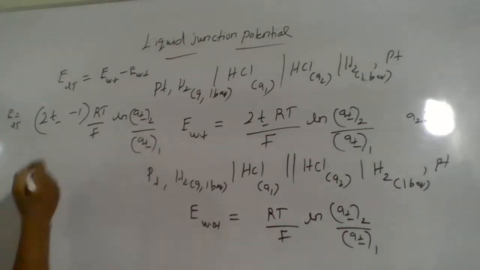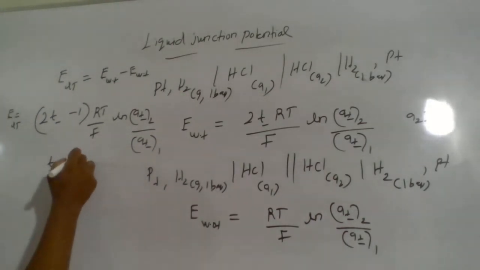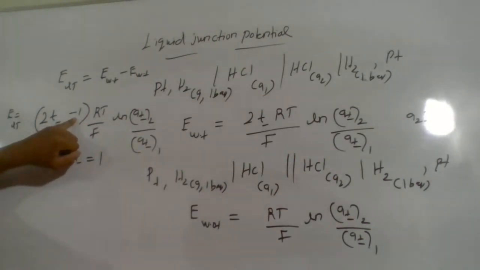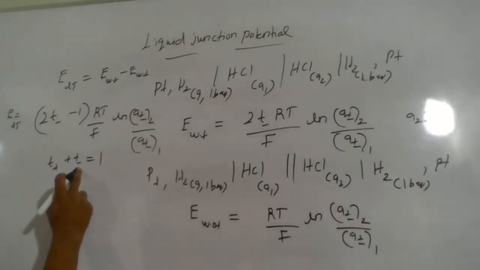Now we know the summation of transport numbers is always equal to 1. So instead of 1 you can apply t plus plus t minus.